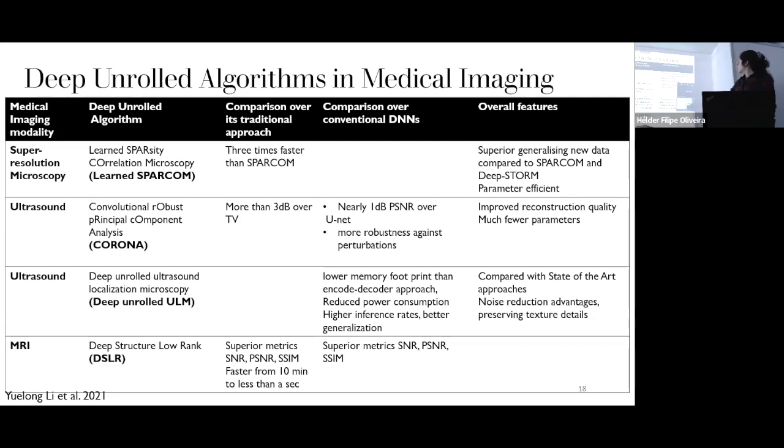And overall, because these algorithms that we're discussing in this chapter all of them were successful, we always saw a higher signal-to-noise ratio and more robustness, and also the metrics that they used were superior, and they were faster than the traditional approaches.